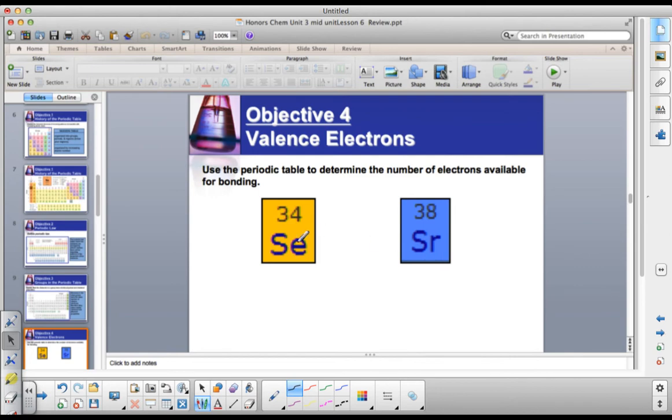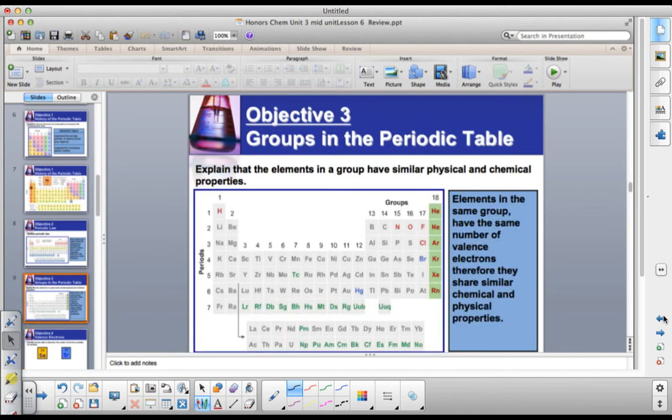We can use the periodic table to determine the number of electrons available for bonding. So if we were to take, let's say, selenium and calculate its valence electrons, we can go back to the periodic table here and locate this on the actual periodic table, which is right here. And we notice that it's over here in group 6.